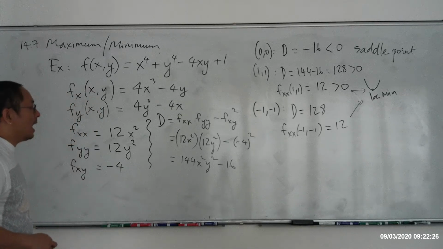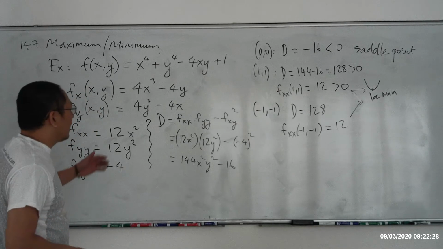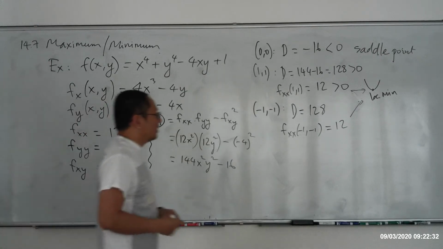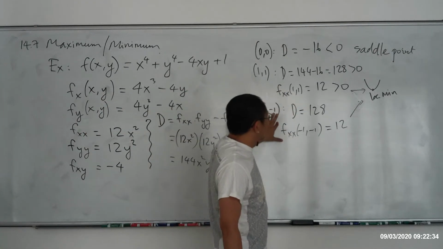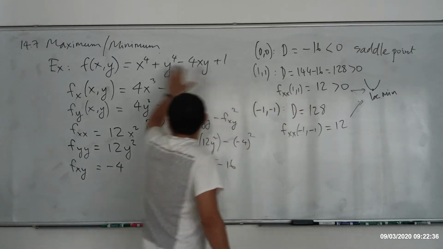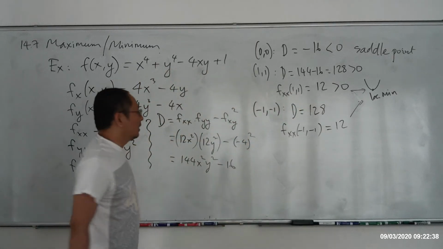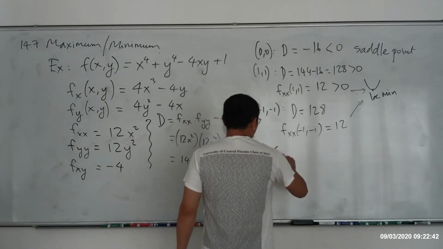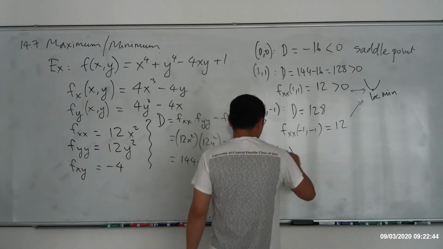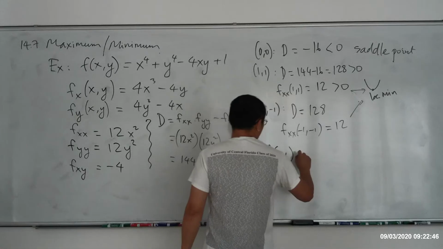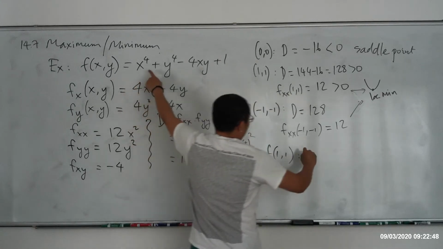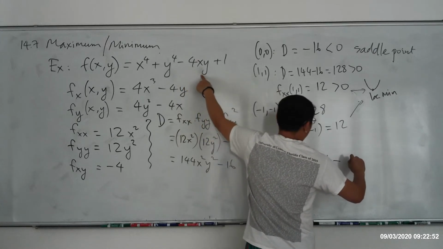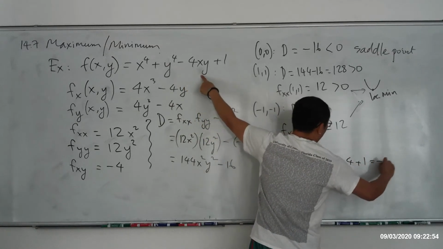Now, the question may ask you a little bit more. They ask you to find the local minimum value, and that is very simple. You know 2 local minimums, right? You just plug the point back into the original function, and you'll find the minimum value. Try it at 1, 1. F(1, 1) is 1 plus 1 minus 4 plus 1, so it's -1.